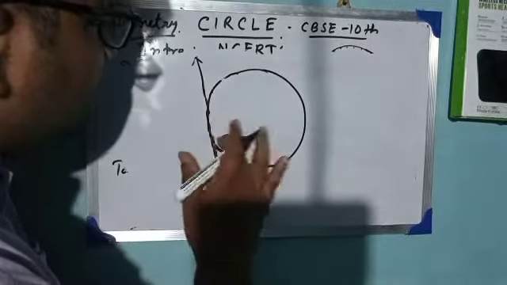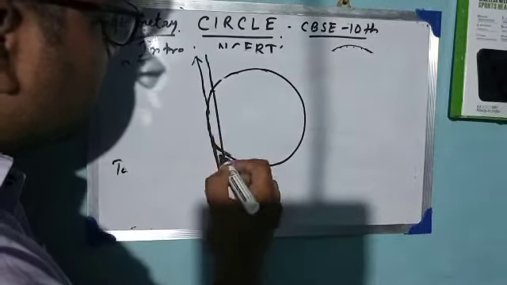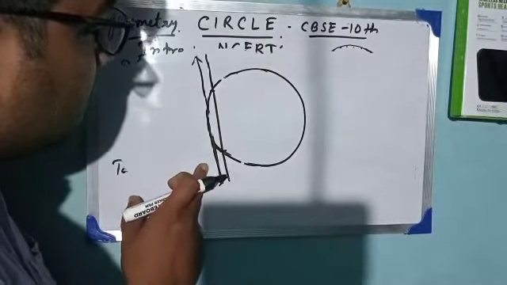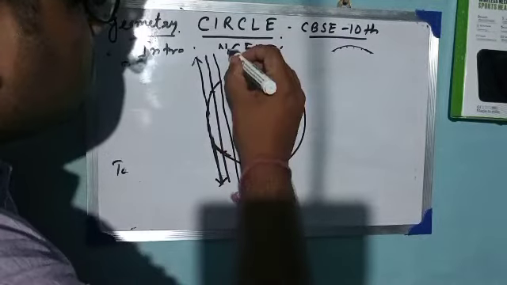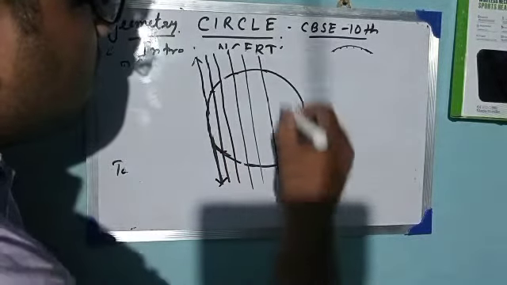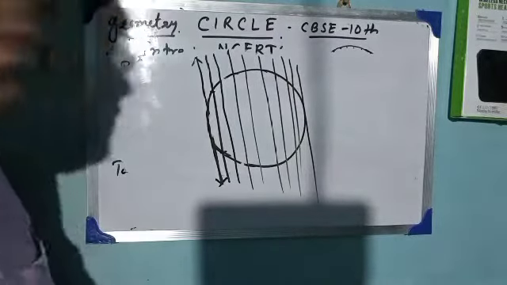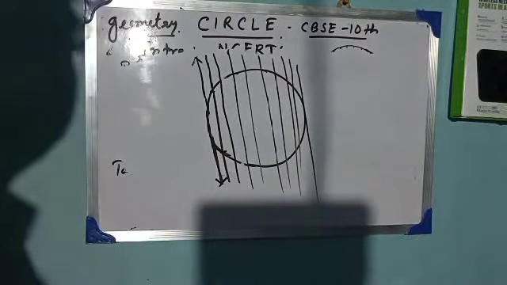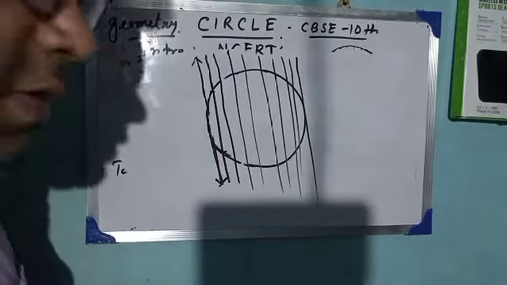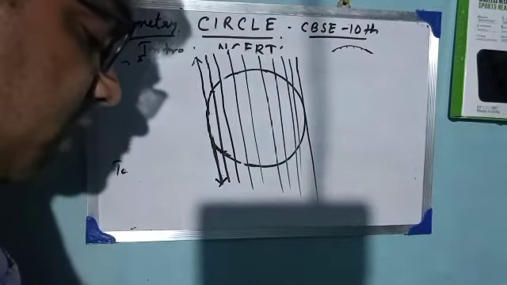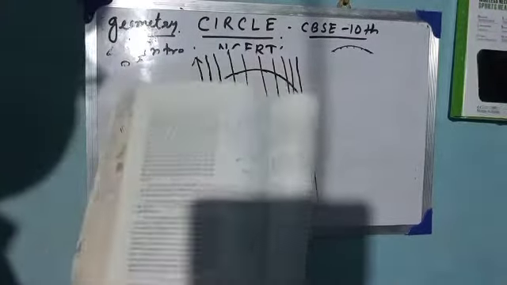Next, I move this tangent to the right side. It cuts at 2 points, so this tangent is changed into a secant. Then secant, then tangent. That's why it is called that a tangent is a special form of a secant. That is shown over here, and the writing is also given.